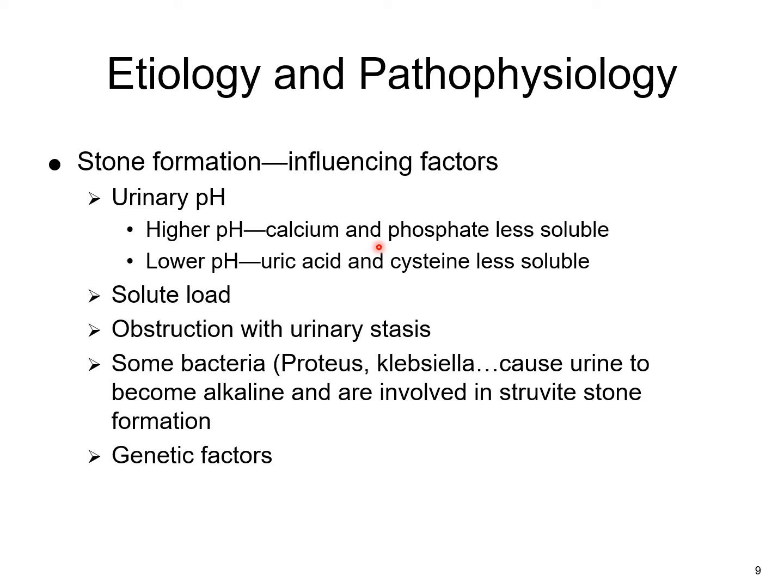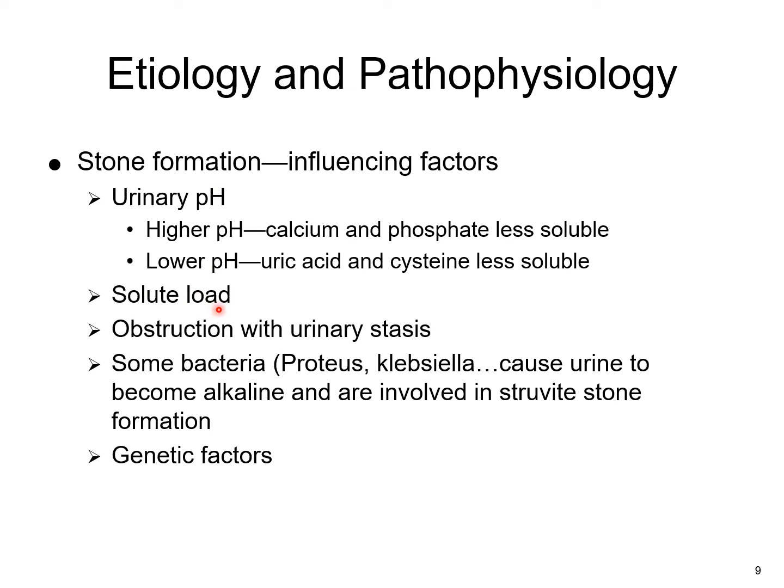So in order to do that, a lot of it has to do with drinking enough water, making sure that the urine is dilute, making sure that our diet doesn't have too much of concentrated things like sodas and too much meat, in particular for the uric acid types of stones, all of those types of things. So there's a lot of different influencing factors. The urinary pH is a factor.